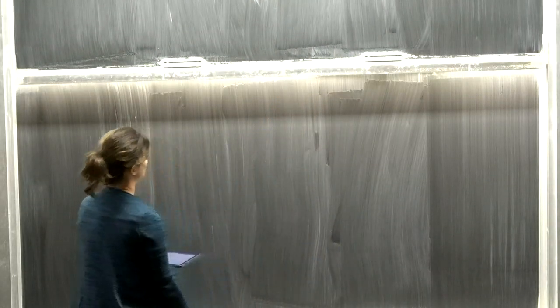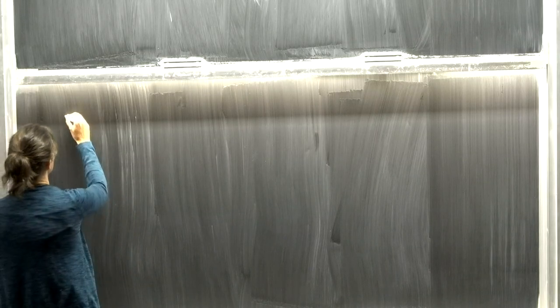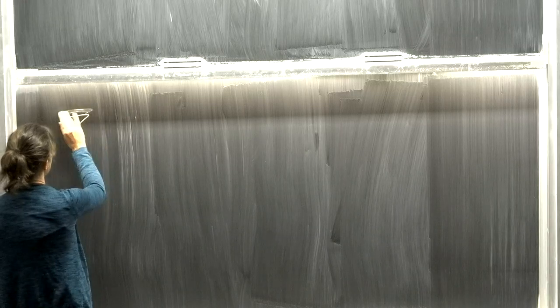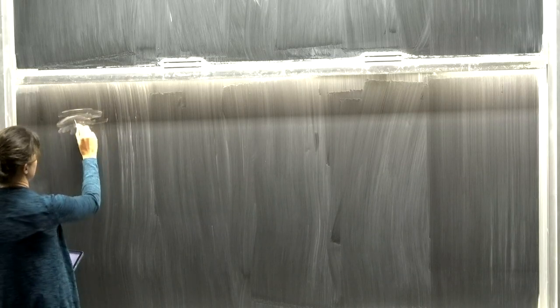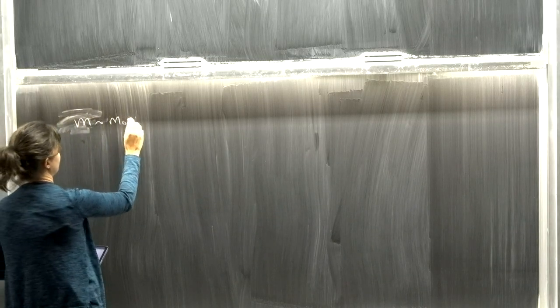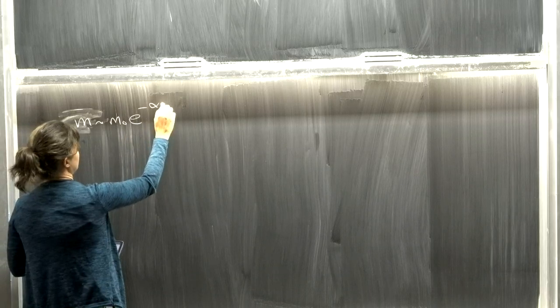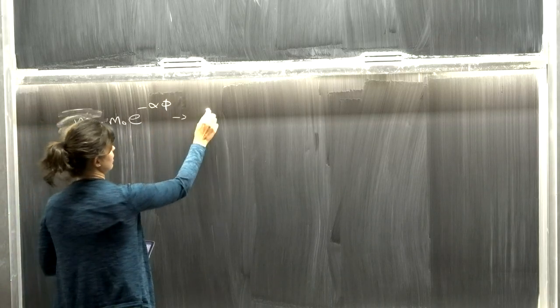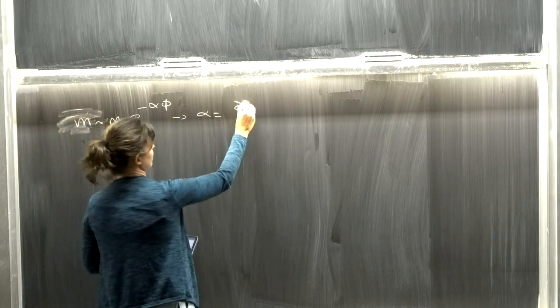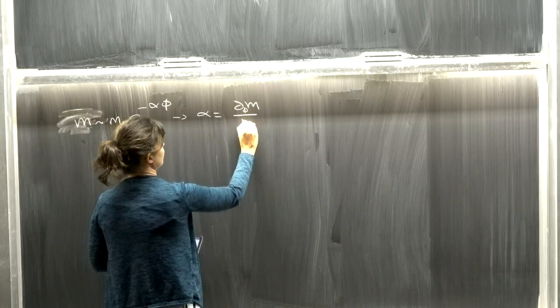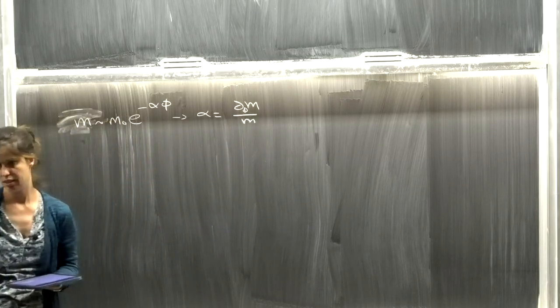So all these numbers we can explain, okay? If I only had one scalar, this alpha is just the derivative of the mass over the mass, right?